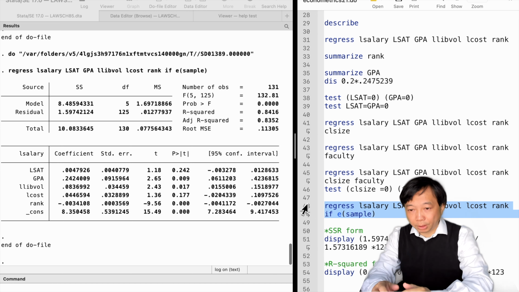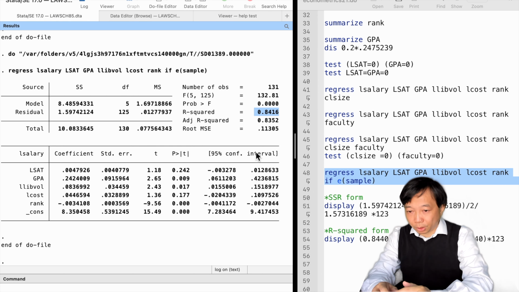Next, we run the restricted model without the two additional variables. The sum of squared residuals is 1.60 and R-squared is 0.8416. Be sure to use the same sample size in the restricted model as in the unrestricted model.